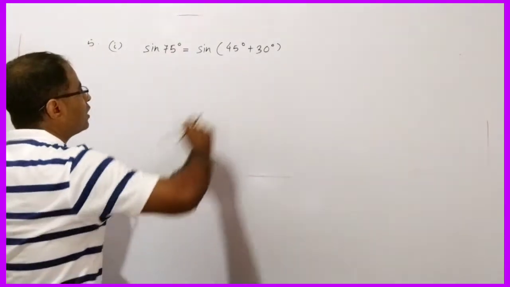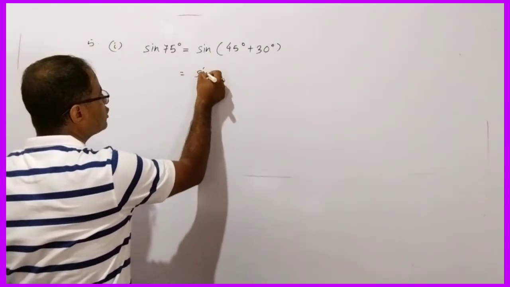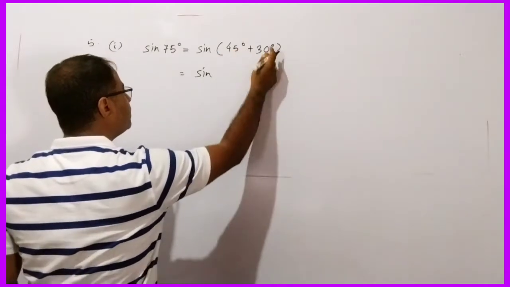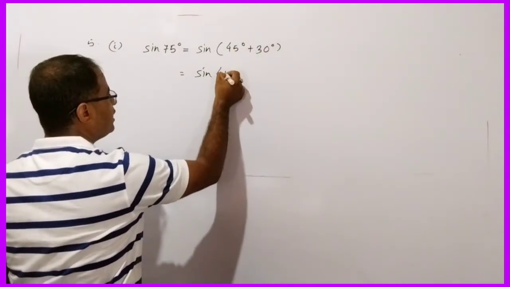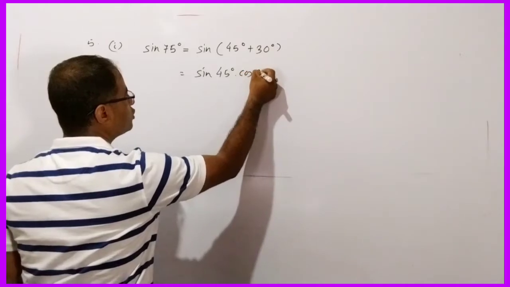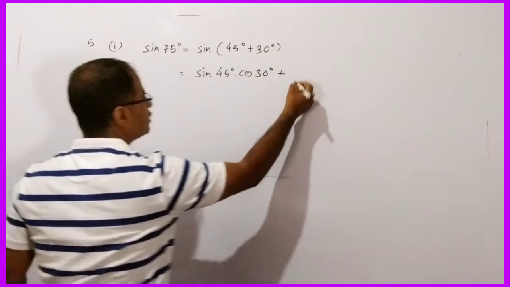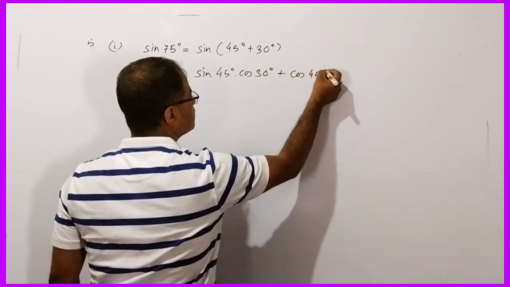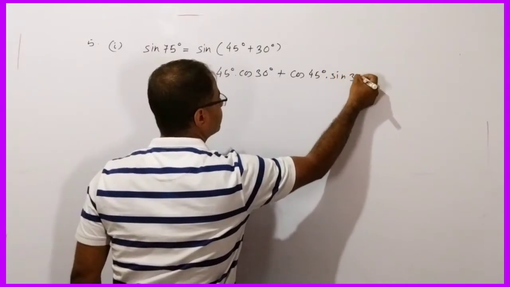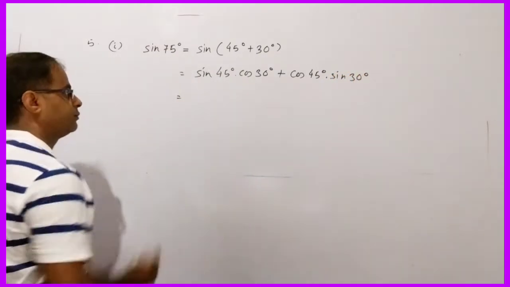Now apply the formula of sin x plus y. Sin x plus y, that means sin x cos y plus cos x sin y, where x means 45, y means 30. Right?